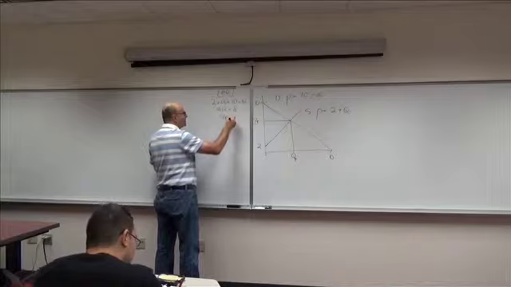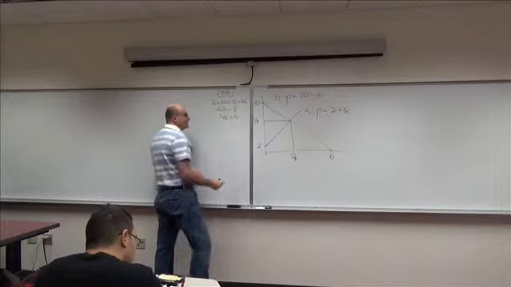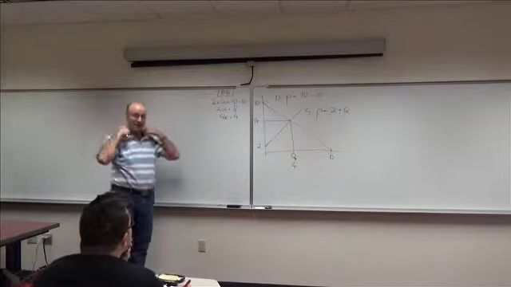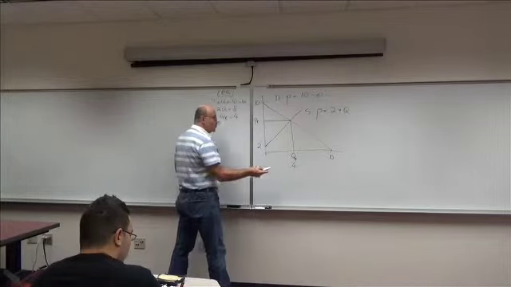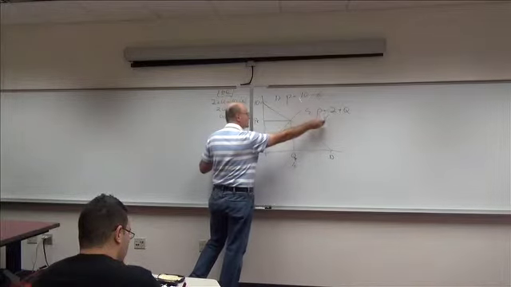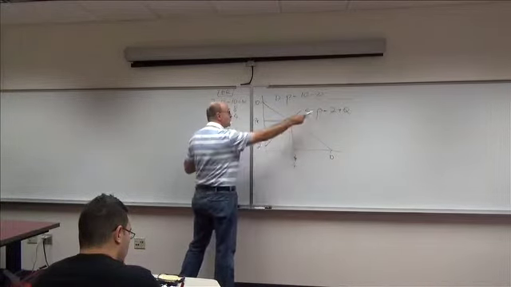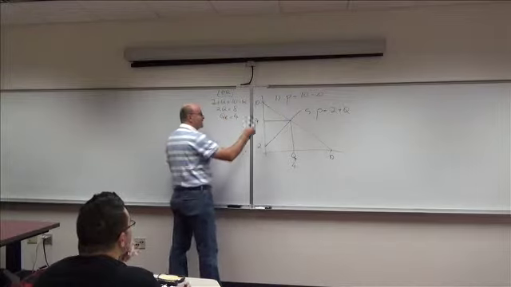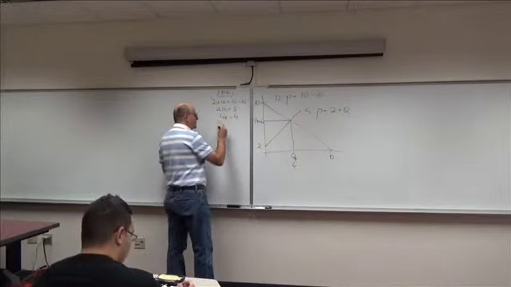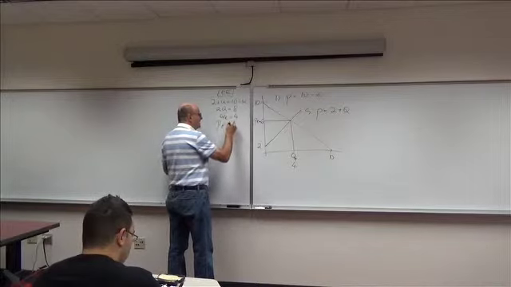Equilibrium quantity equals 4. Correct? Any questions? Plug that quantity back in the demand function or supply function. 2 plus 4 is 6. 10 minus 4 is 6. Right? So equilibrium price, $6.